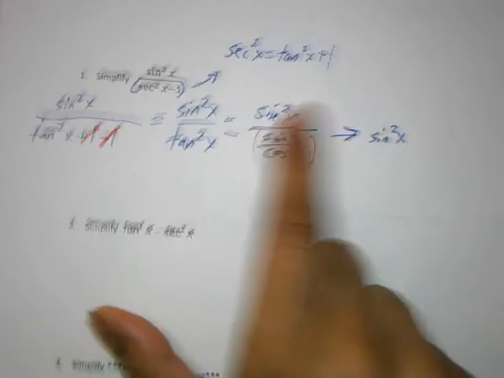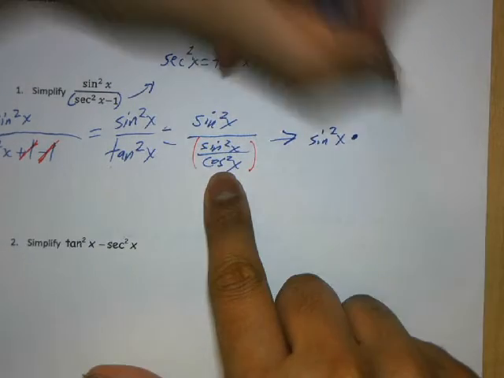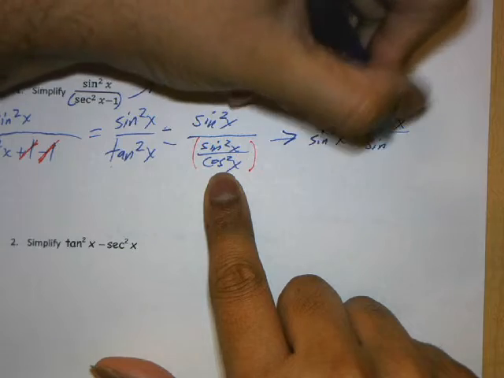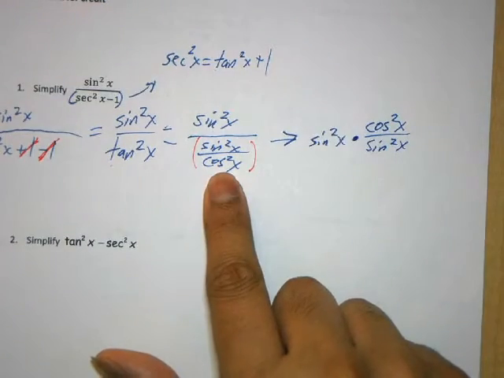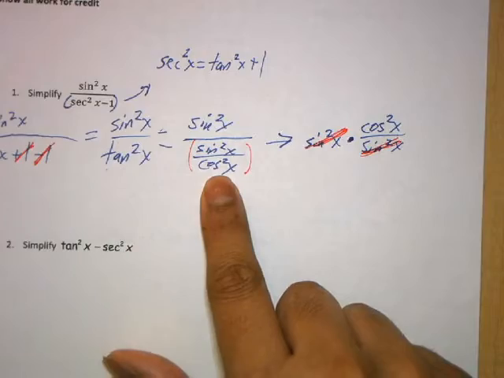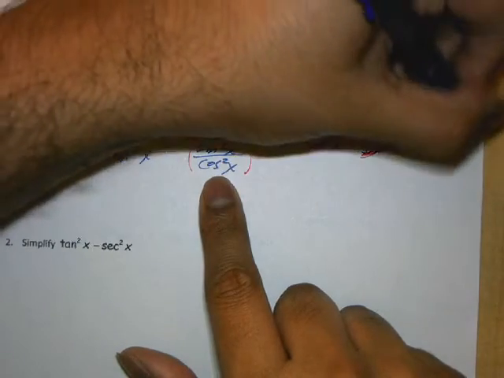So sine squared x, that's the top, and I'm going to multiply it by this bottom piece that's been flipped over. So these will now cancel out, and I'm just left with cosine squared x.